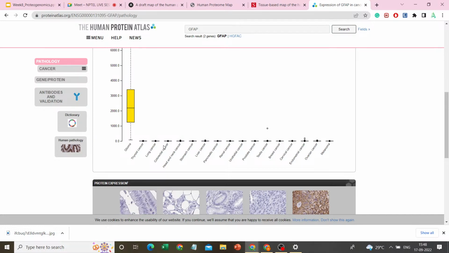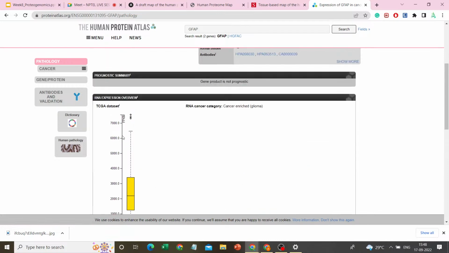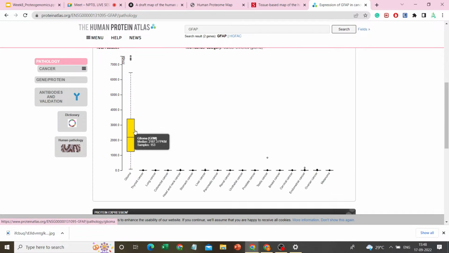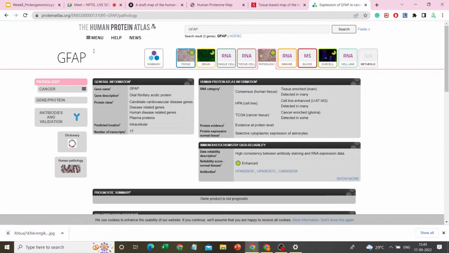In any other cancer, such as thyroid cancer, lung cancer, colorectal cancer, head and neck cancer, it is not there, but in glioma it is highly expressed. So it is for sure that in glioma, the brain tumor of the glial cells, you will get a high expression of GFAP protein. So you can say that GFAP protein is a marker for glioma tissues, which you can easily get from the pathology atlas.